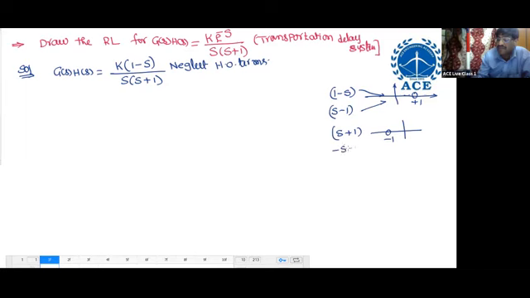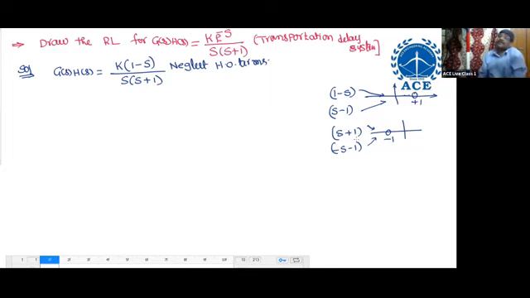Even if you take minus s minus 1, the location is minus 1. That means we cannot differentiate the location for 1 minus s and s minus 1, or between s plus 1 and minus s minus 1.